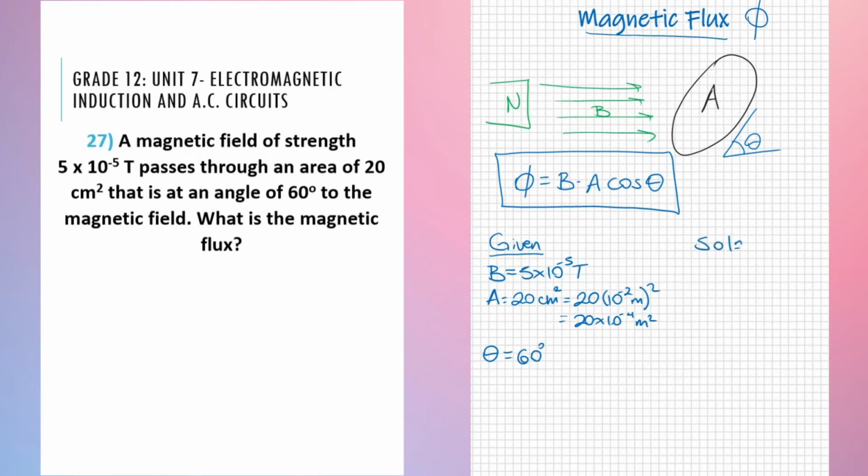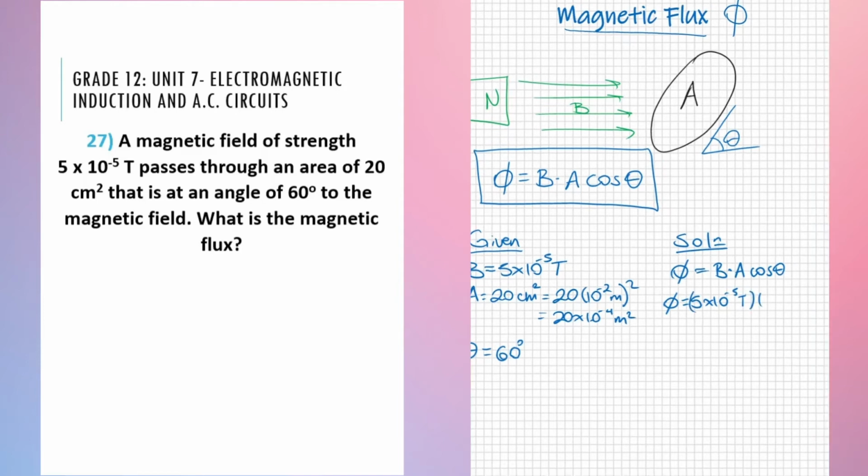We use the above formula that magnetic flux is equal to the scalar product of the magnetic field strength and the area multiplied by the cosine of the angle between the two. Filling in these quantities, we have magnetic field strength as 5 times 10 to the power of minus 5 Tesla. We have the area. Let's move this just a bit so we can see a bit clearer.